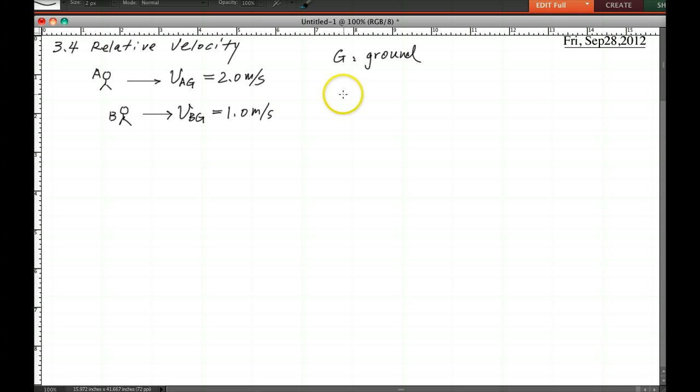Now let's try to find the relative velocity. Velocity of A relative to B, so we write velocity AB. Make sense?